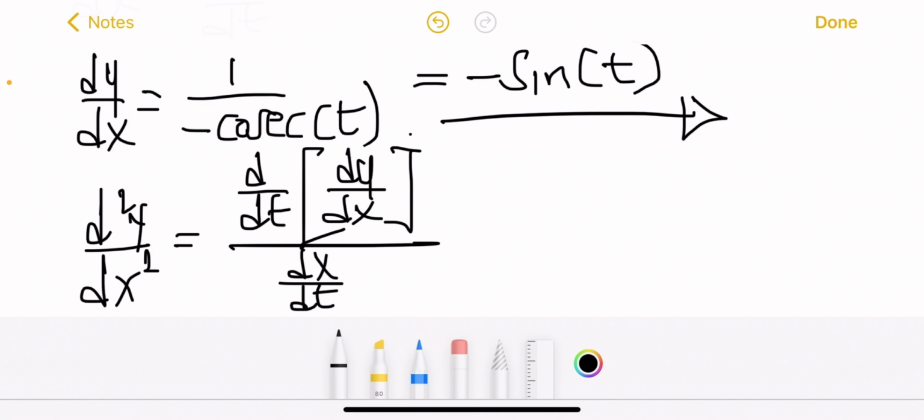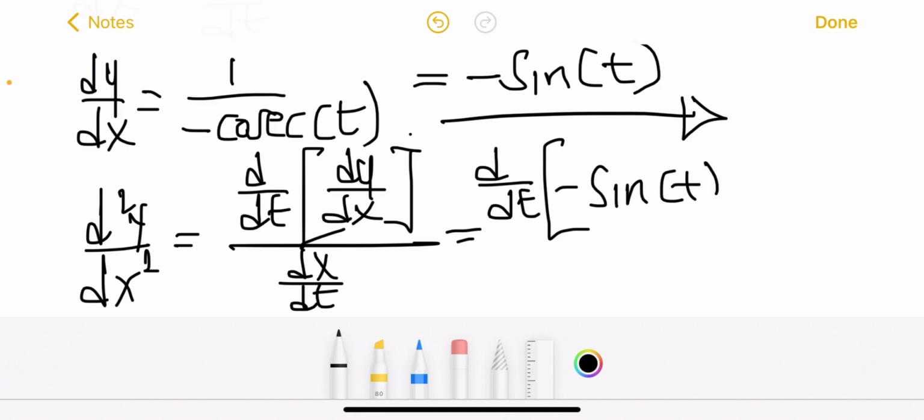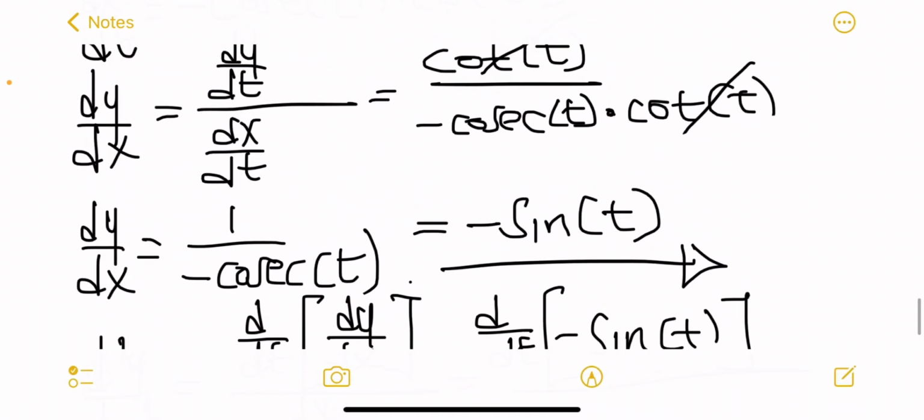Then now we put our variables. So d over dt, what is our dy over dx? It's negative sine of t, over what is dx over dt? We go and check.